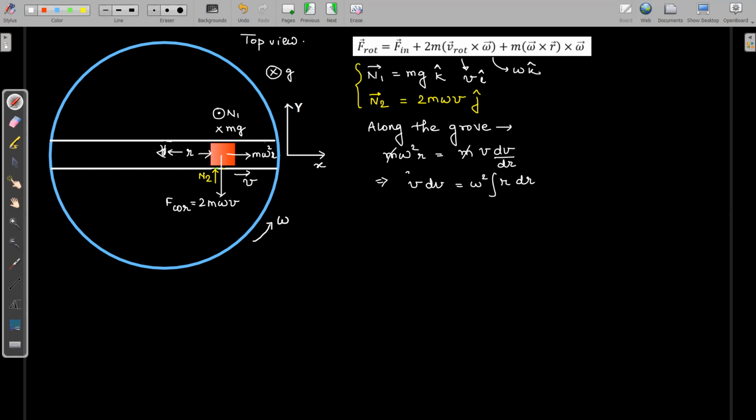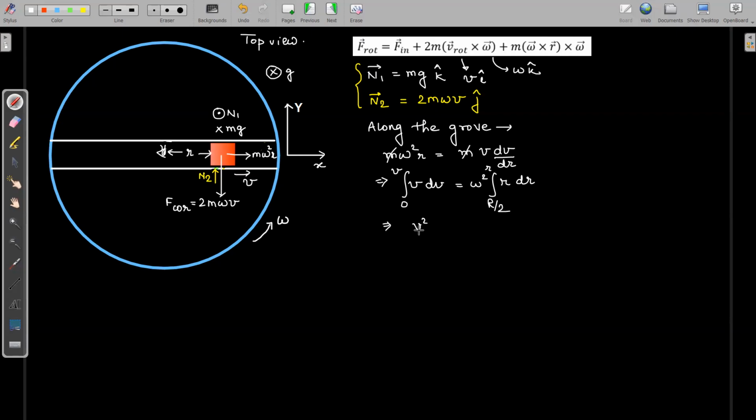Now if we integrate this expression on both sides, the initial condition mentioned to us is that the block was gently kept at small r equal to capital R by 2. So when small r is capital R by 2, the velocity of the block was 0. It was gently placed. At any radial distance small r, suppose the velocity of the block becomes v.